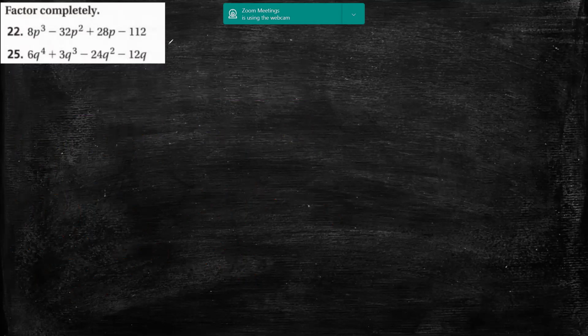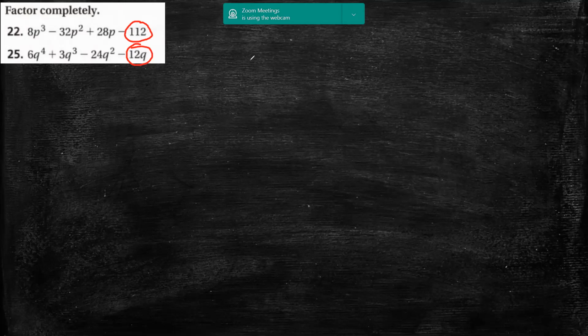Now let's solve number 25. In number 22 we have a third degree; in number 25 we have a fourth degree, and the last term here is not a constant. The last term here is a variable multiplied by a number.